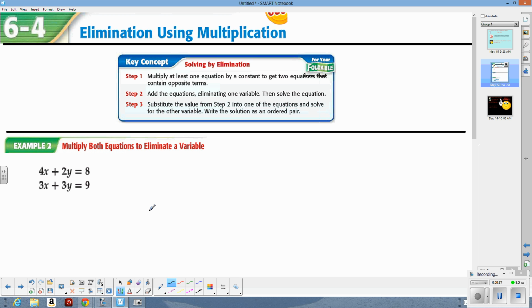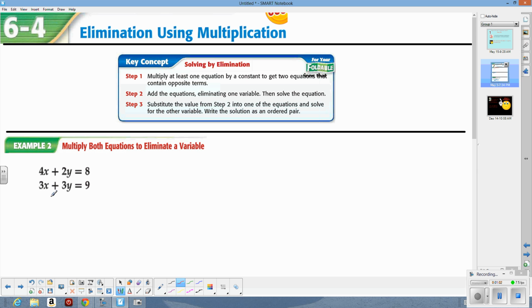So in example 2, we have to multiply both equations by something in order to get opposite terms that you can eliminate. I could multiply, let's say, the top equation by 3 and the bottom by -4. Then I would end up with 12x and -12x.